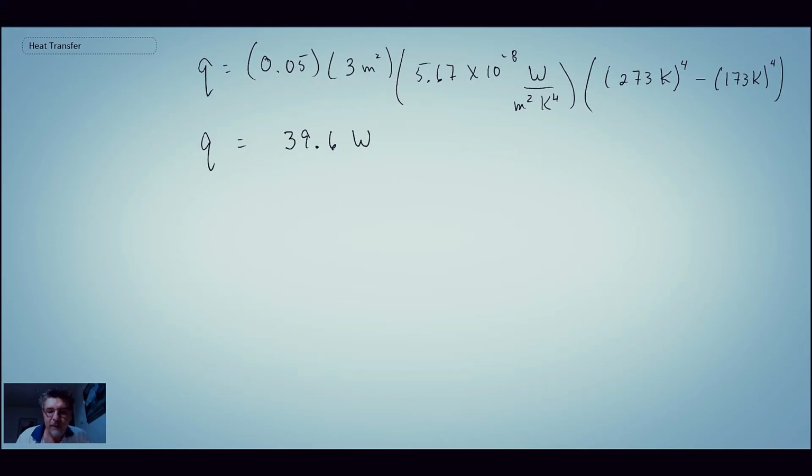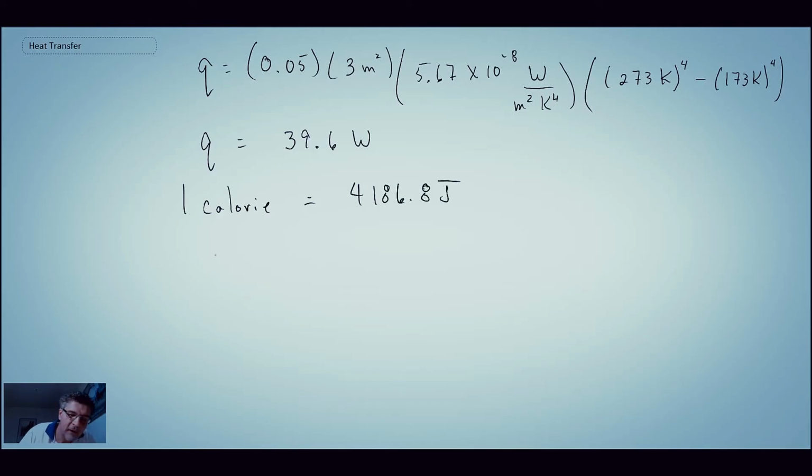So, what does that mean? Well, let's do a little bit of a conversion here. Let's figure out how much food she needs to eat in order to maintain that level of heat loss. If we look, 1 dietary calorie is 4186.8 joules.